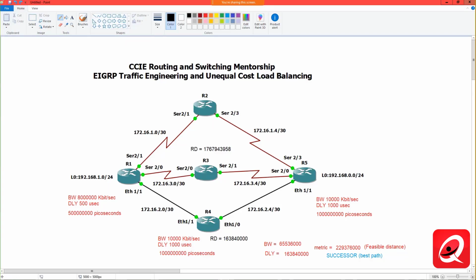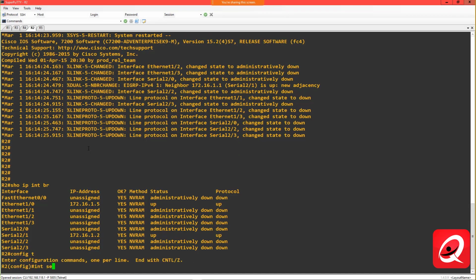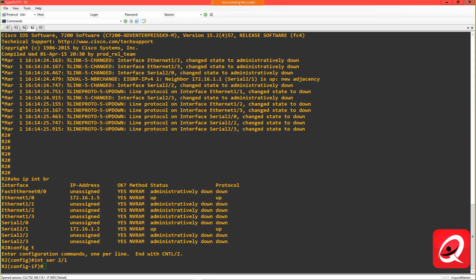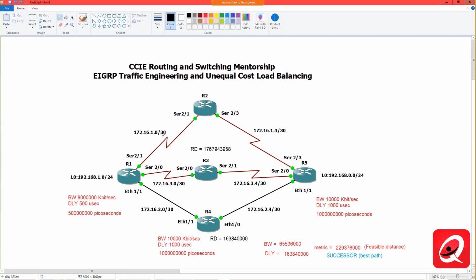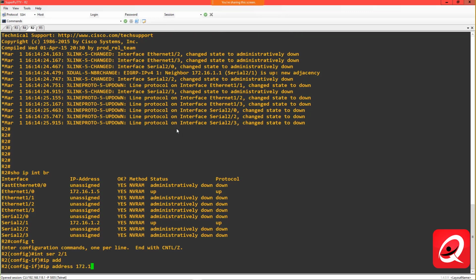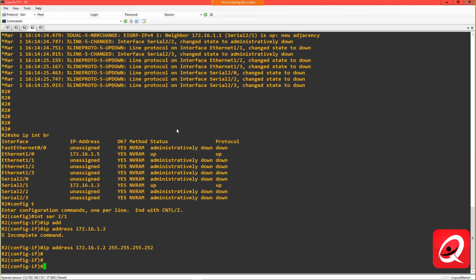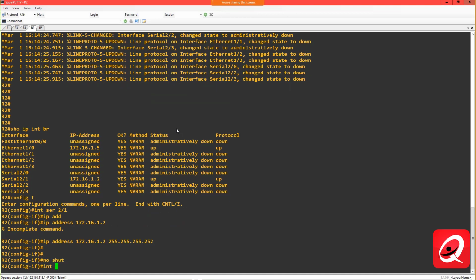Yeah, so router 2 needs to be reconfigured really quickly. Bear with me a second, guys. Interface serial 2.1. That's going to be 172.16.1.2. And interface serial 2.3.